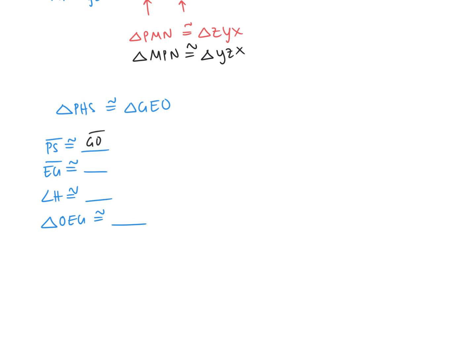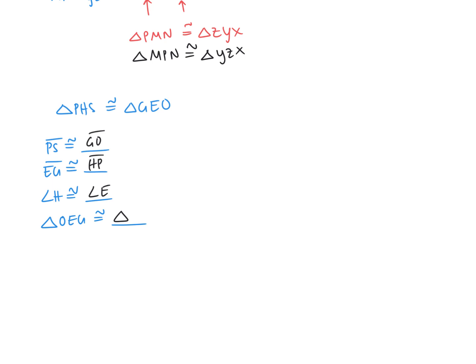EG? HP? And you're just following above. So EG, HP. Angle H, which angle is that going to be congruent to? E. And then lastly, if we change the congruency statement, just follow the pattern.